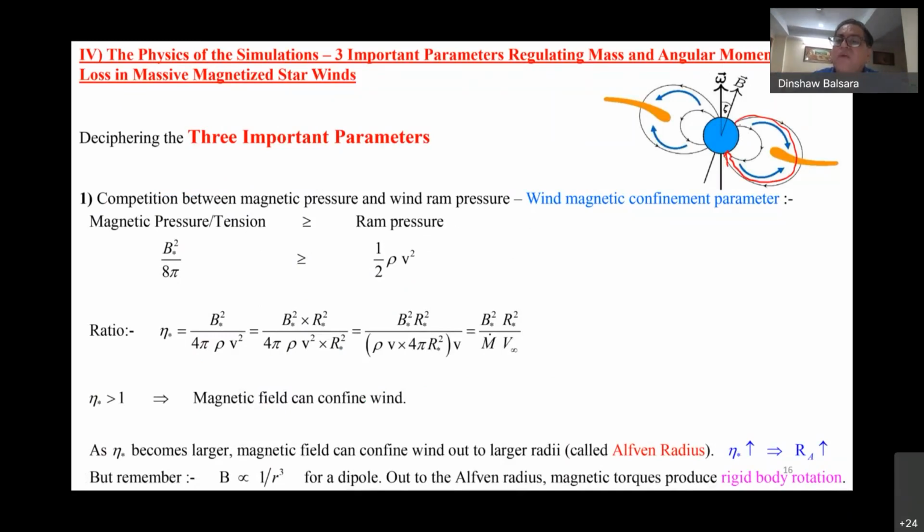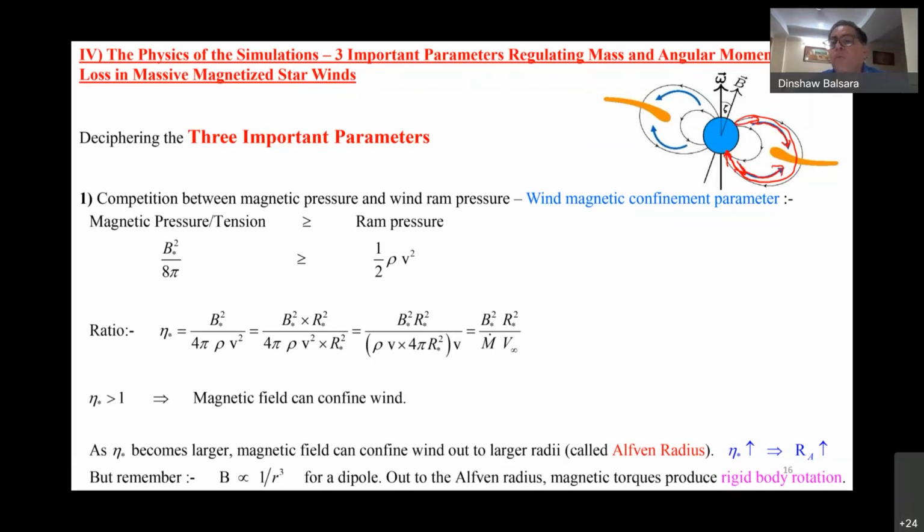If a wind should come out here and here, then if the magnetic field is strong enough, the magnetic field will channelize the wind so that it comes together in the magnetic equator of the star. Of course, if the magnetic field is not strong enough, then the wind will blow out the magnetic field and open up the magnetic field lines. And then, of course, the show is over.